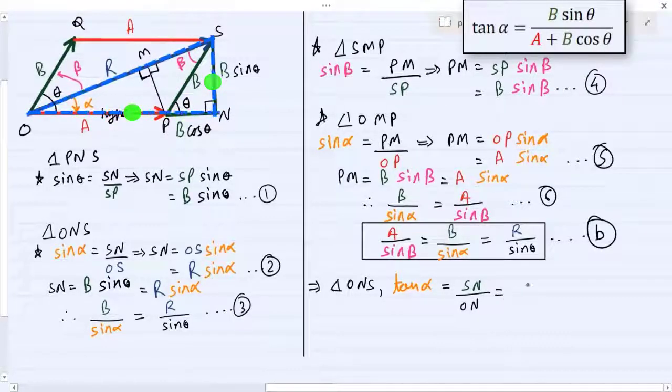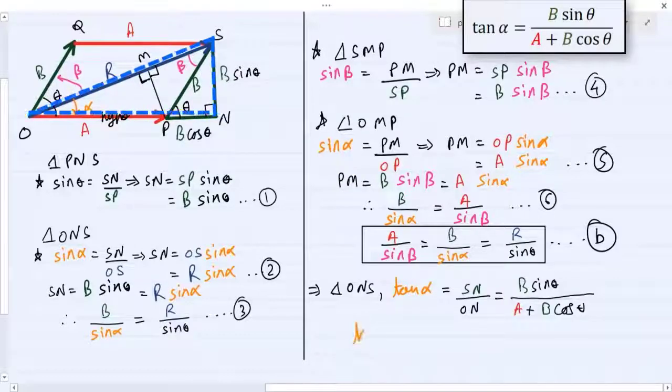Now we just have to substitute the values. The value of SN is B sine theta upon the value of ON, which is simply A plus B cos theta.